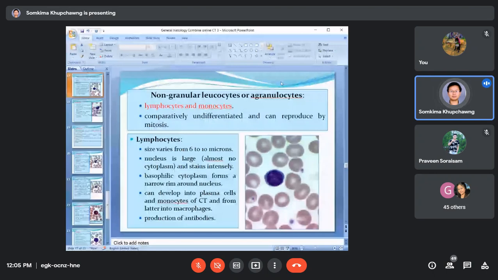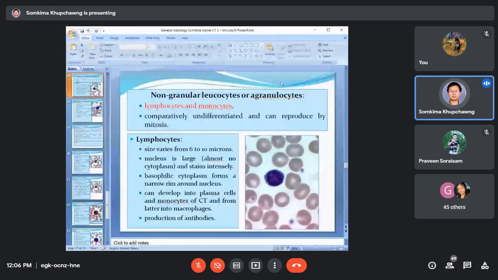Those leukocytes ending with -cyte are the non-granular, and those ending with -phil are the granulocytes. Just for your remembering.